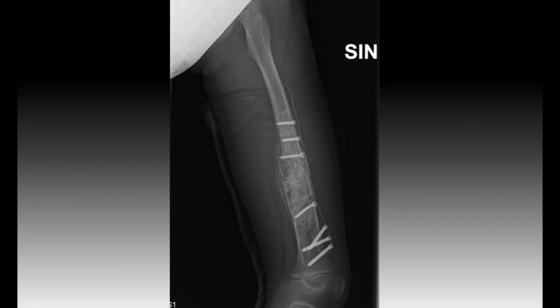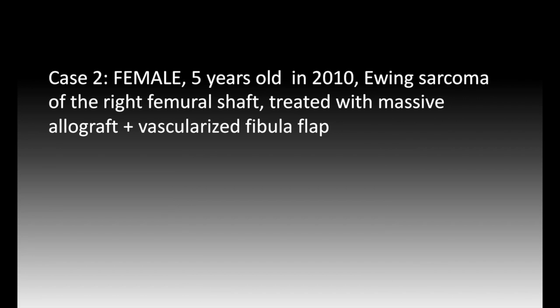And this is a very complex case. In 2010, this little girl, 5 years old, had a Ewing sarcoma. She had all the chemotherapy, and we resected almost all the femoral shaft and treated it with a long allograft and a free fibular graft within it, following the Capanna technique.